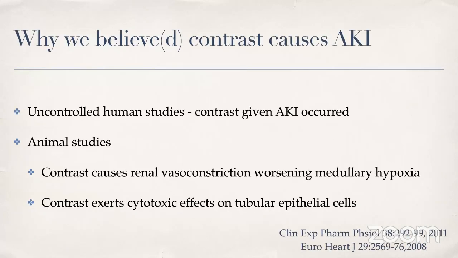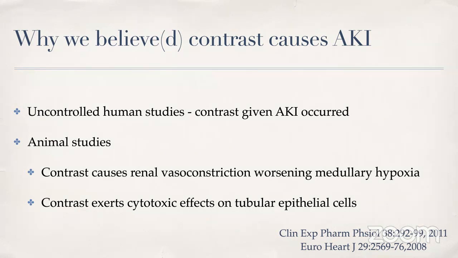Let's start initially with what the evidence is that suggests that contrast does cause acute kidney injury. Again, I've mentioned earlier that a lot of case reports have indicated that people who got contrast developed acute kidney injury. And after that happens time and time again, you begin to think there's an association between the two that might be causal.